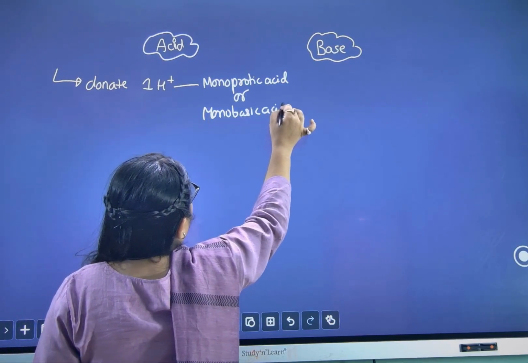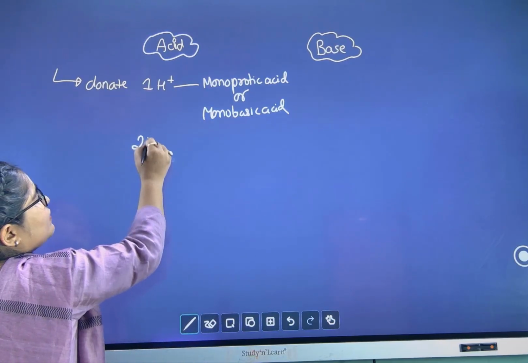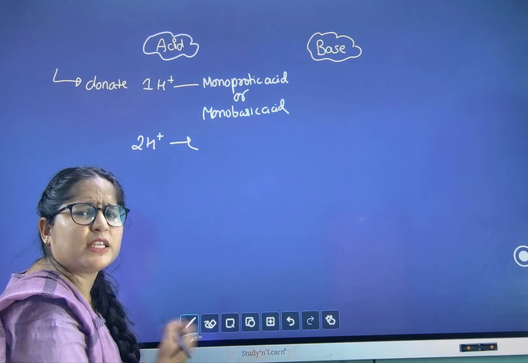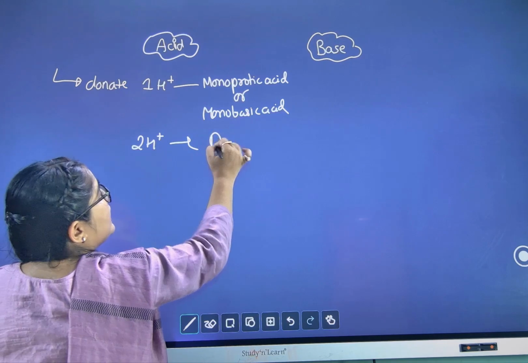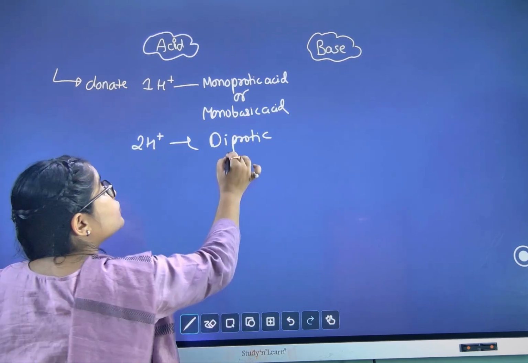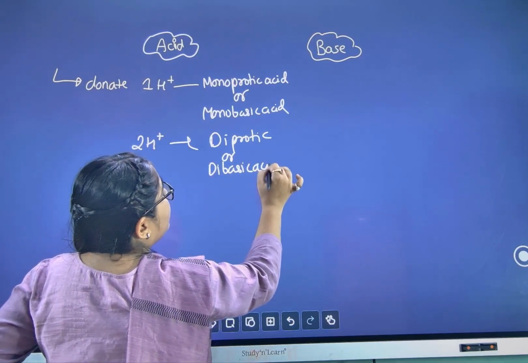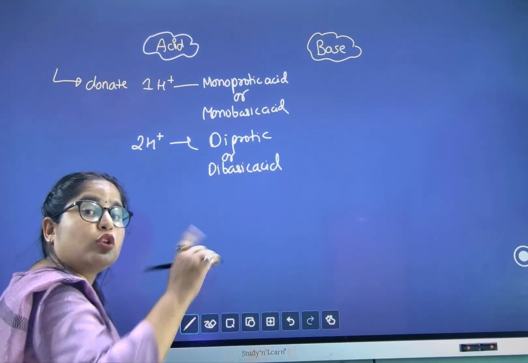Monobasic acid. Same way, now you tell me fast. If it will donate 2 H+, what will we say? We will say it is diprotic, or else dibasic acid. Now you do it on your own.